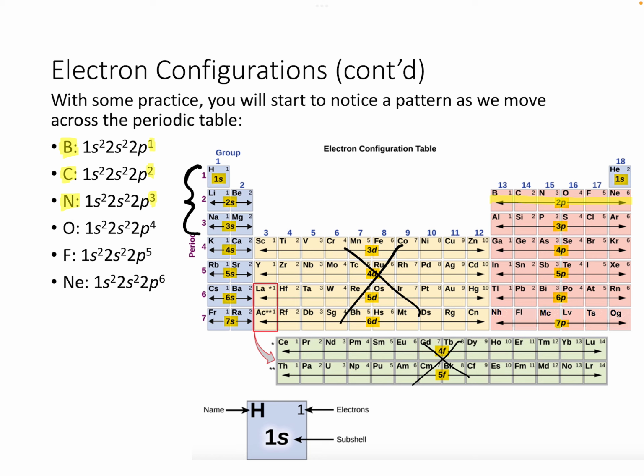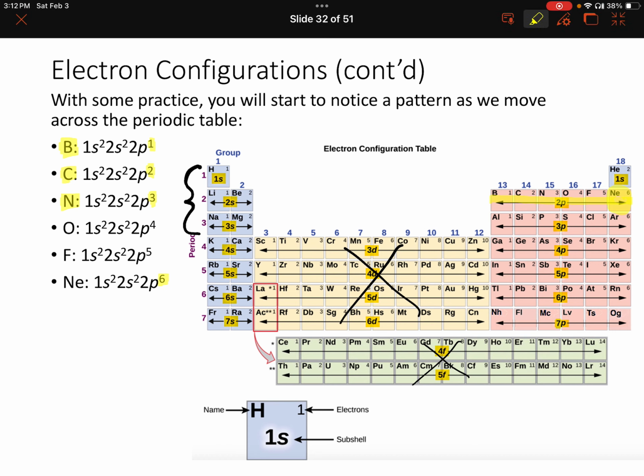And then we can keep going because we're just going to add an electron every time we move over an element, right? Now, once we fill up that 2p room, so let's say we're looking at neon over here. Neon is 1s2, 2s2, 2p6. And let's say we jump over to the next row and look at sodium.